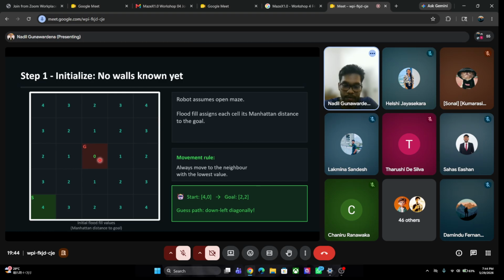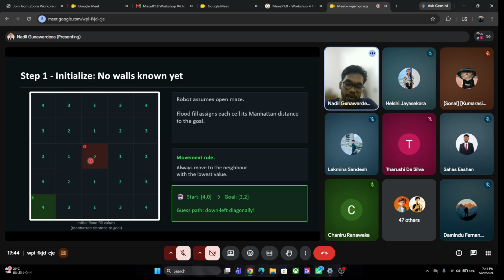We give the goal 0 always, and then for the neighboring cells, these are the neighboring cells. Actually, these are not neighboring cells; we are using the Manhattan distance, and we are not going for 45-degree angles. So let's just not go there. In that sense, these are the neighboring cells of the goal cell.